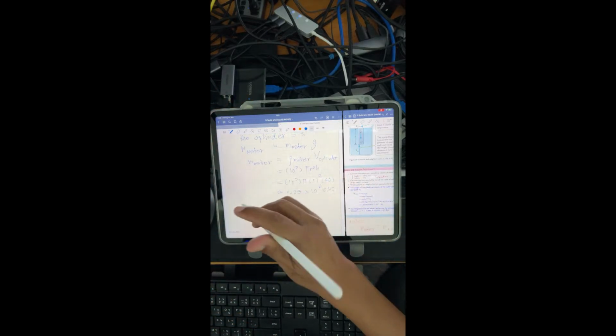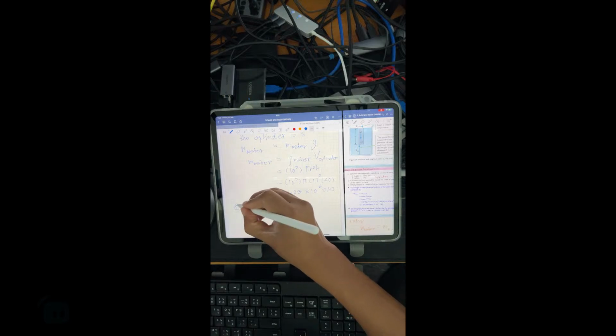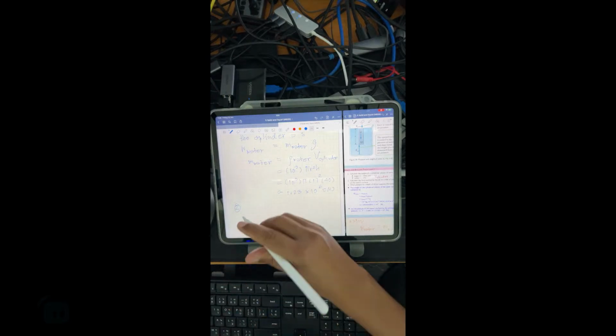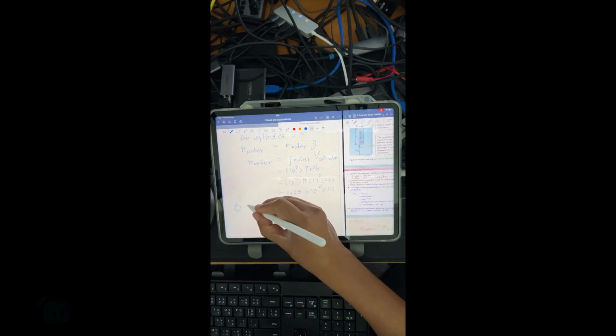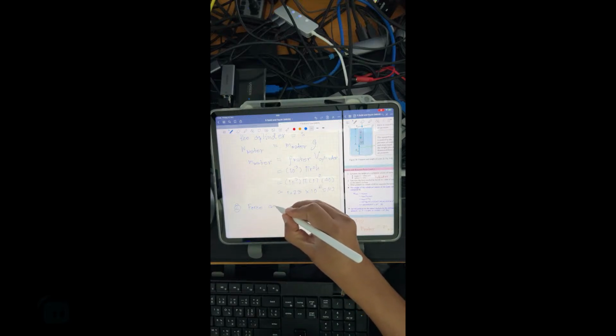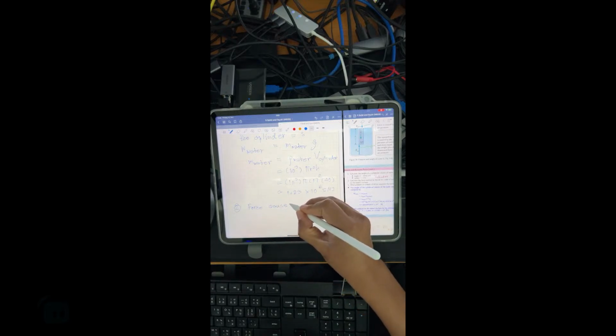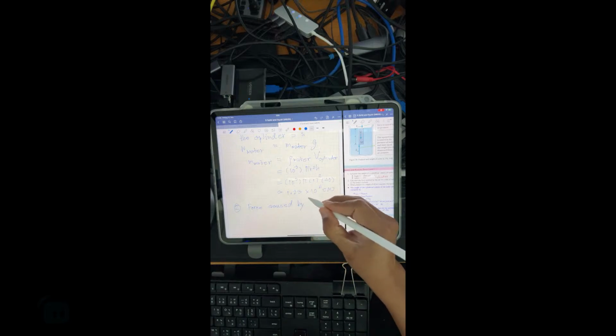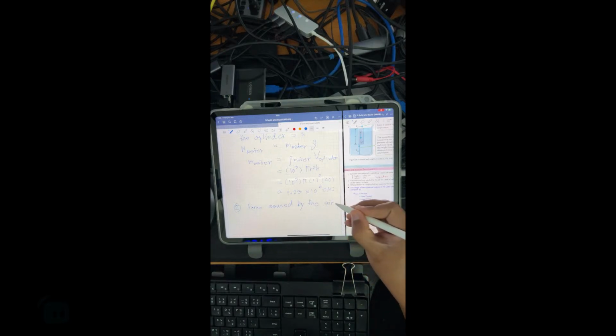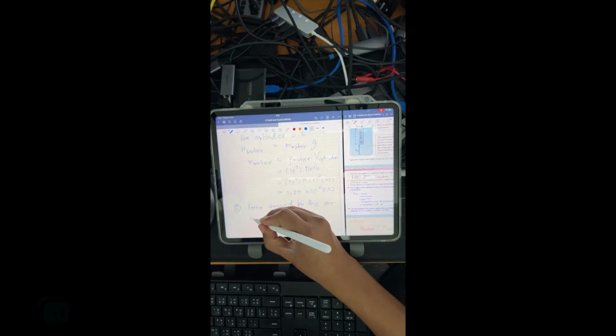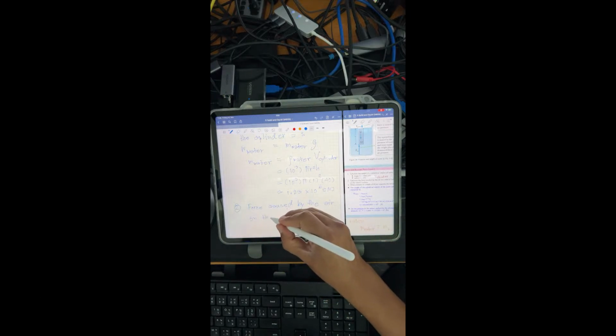Let's get to the second quantity. The second quantity is the force caused by the air on the upper lid.